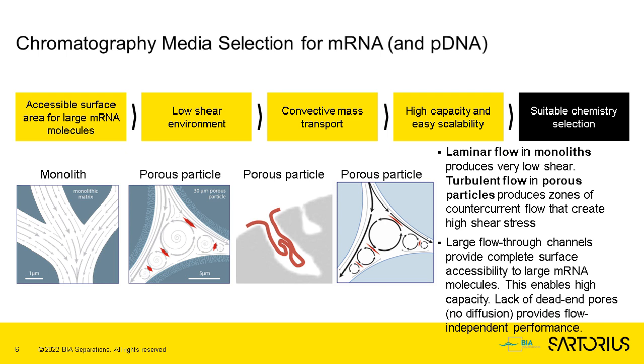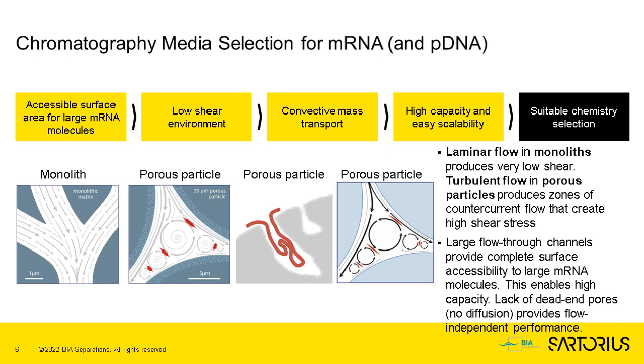the shear is minimized, and so there's very little concern that any shear forces would damage the mRNA. And also the walls of this monolith, as I show it here on the far left of the slide, can be modified using pretty much any ligand we can think of. And indeed, we have modified monoliths with a whole host of different ligands and are continuing to do so to get to better and better and better ligands, better suited to new modalities that are emerging.